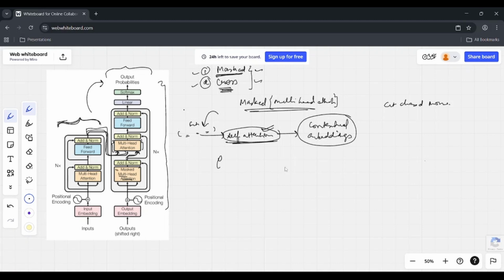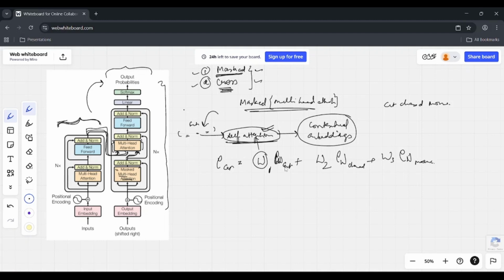So the contextual embedding of cat will be some weight, which we calculate through our self-attention, times the word embedding of cat, let me represent it by EW, plus, let's say this is weight 1, weight 2, times the word embedding of taste, plus some weight, which we calculate through self-attention, times the word embedding of mouse, right?